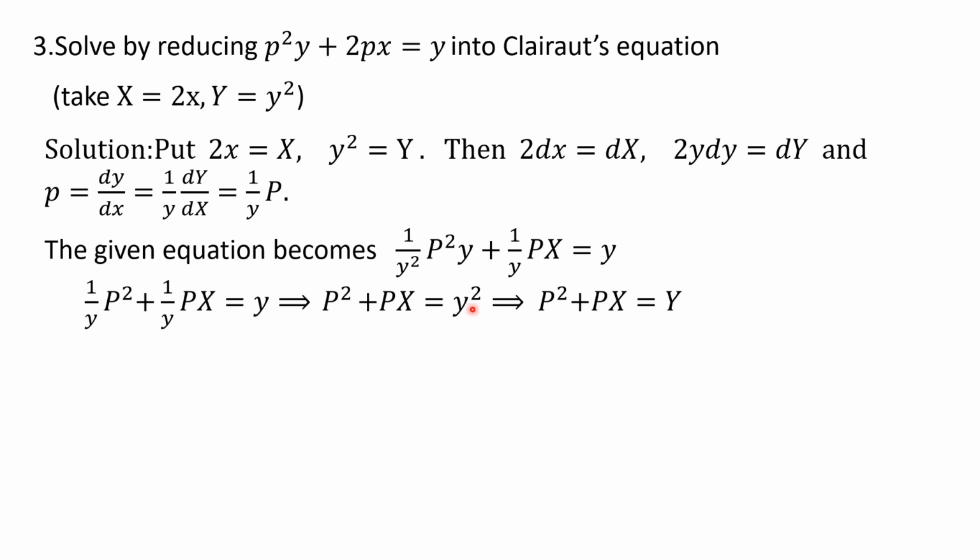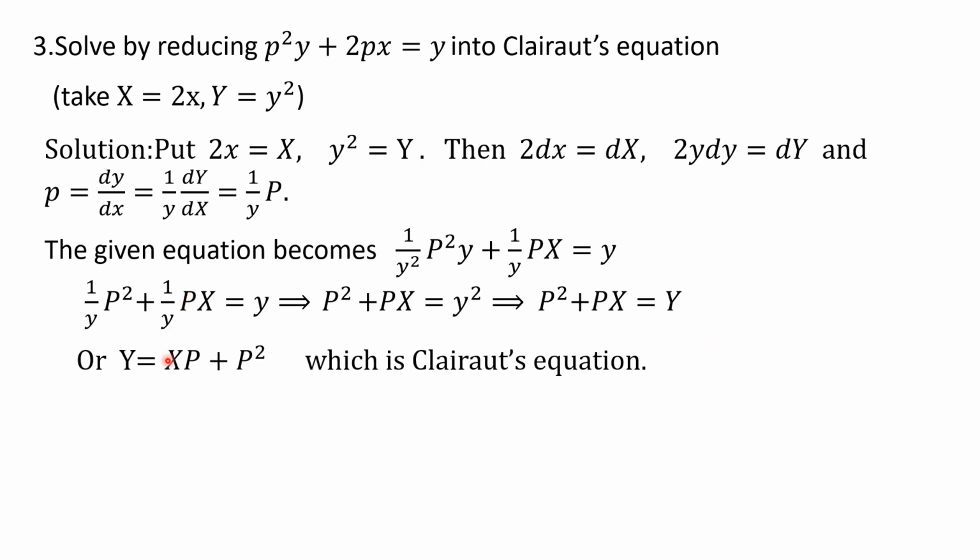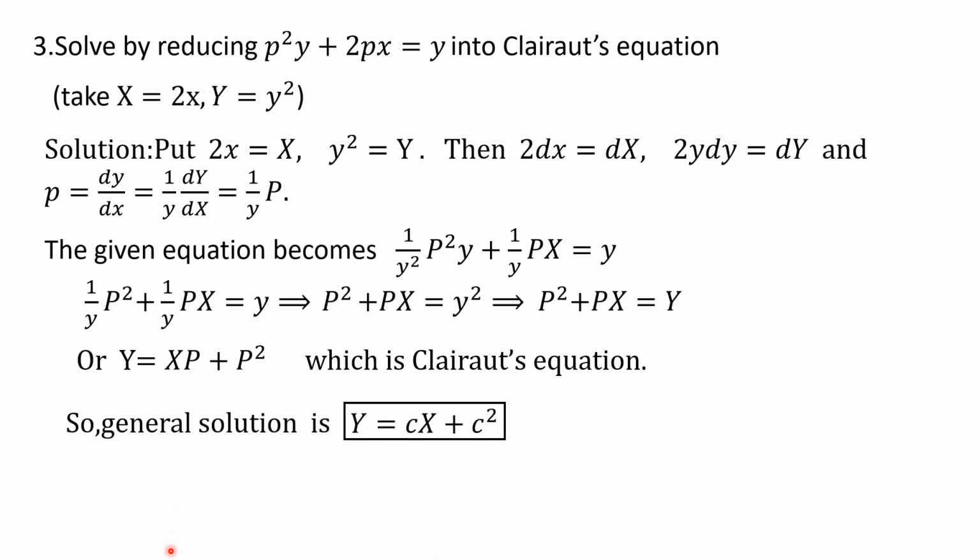Again we get back y square, so now we have to substitute as y, capital Y. So P square plus PX equal to Y. On rearrangement we get Y is equal to XP plus P square, which is Clairaut's equation. So once it is Clairaut's equation, it is easy to write the general solution, Y equal to Xc plus c square, correct, just replacing P by c.